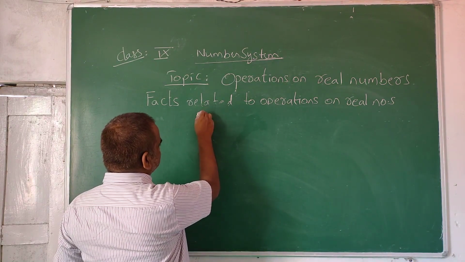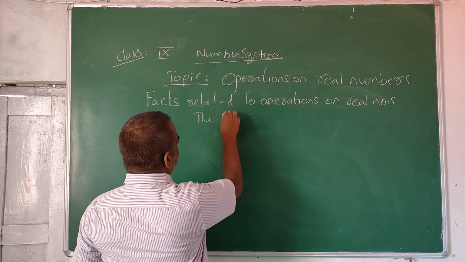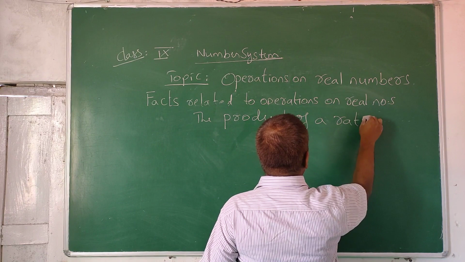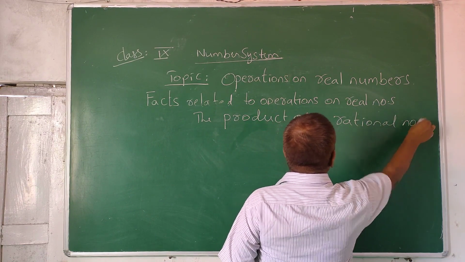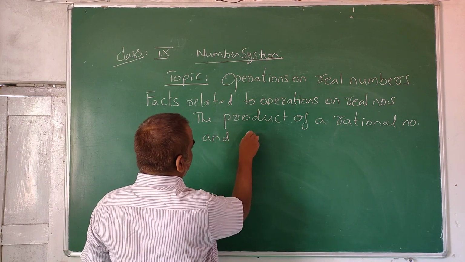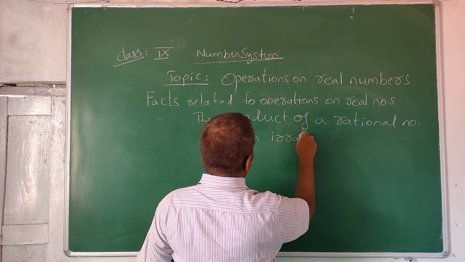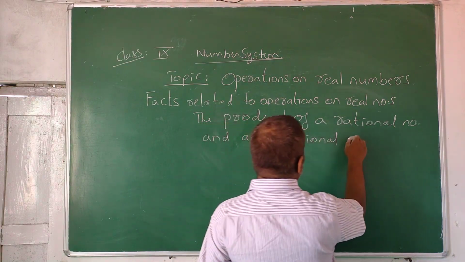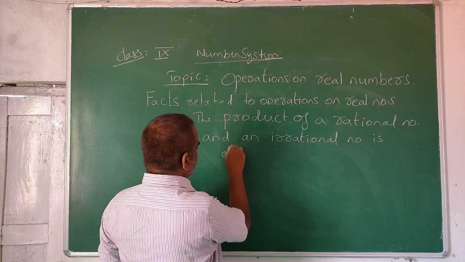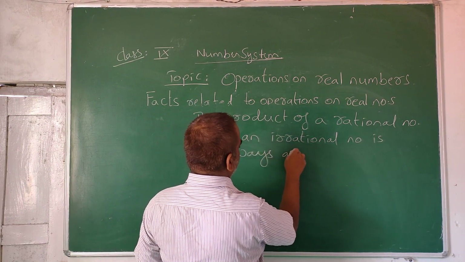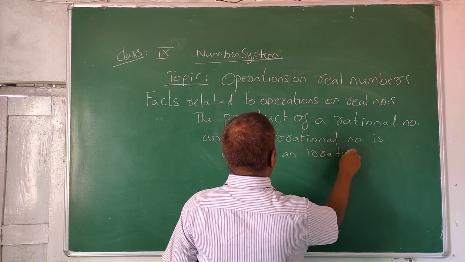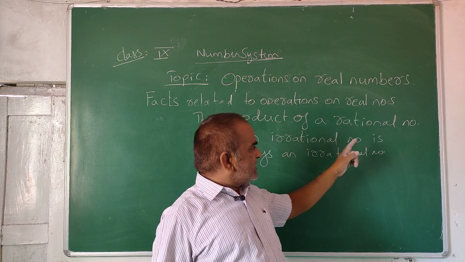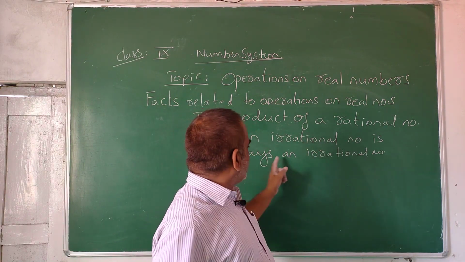So the next fact is: the product of a rational number and an irrational number is always an irrational number.